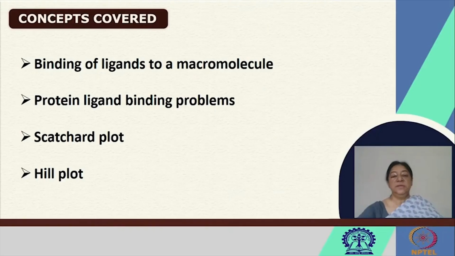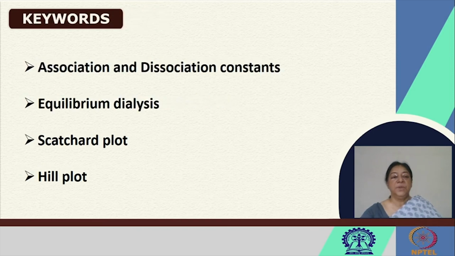In these discussions, we will be looking at the bindings of ligands to a macromolecule, which is what protein ligand binding is all about, and look at some specific plots, the Scatchard plot and the Hill plot, with specific examples of how they may be calculated and how they may be understood further.